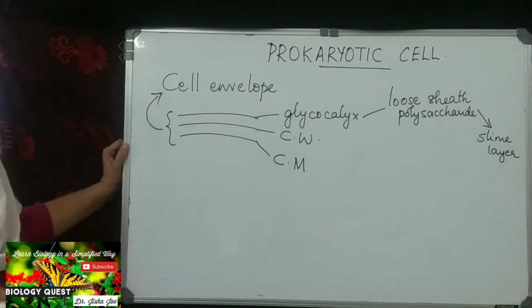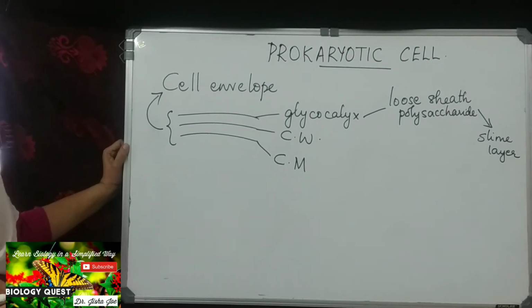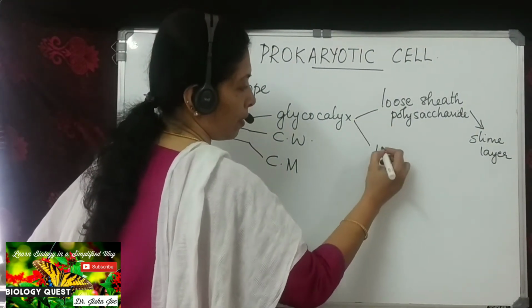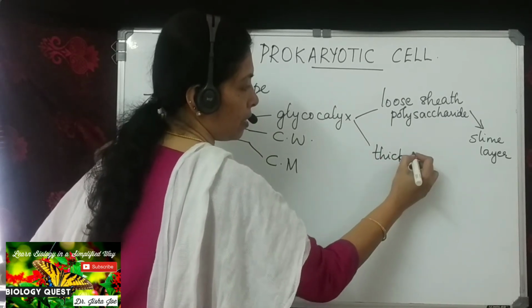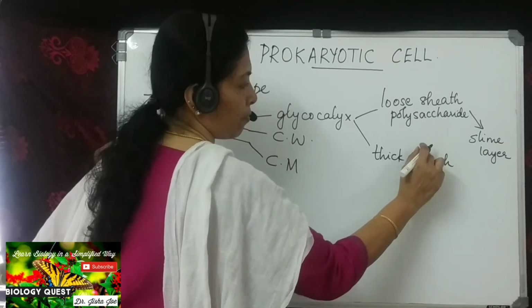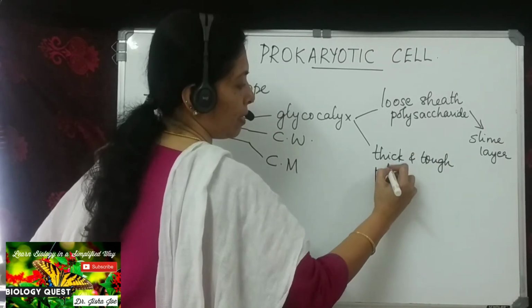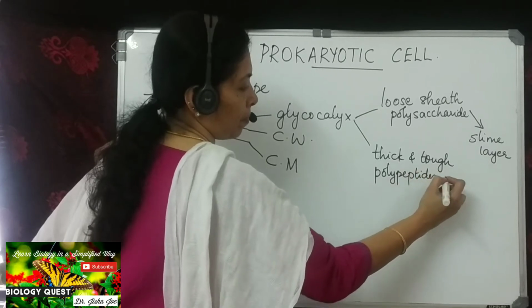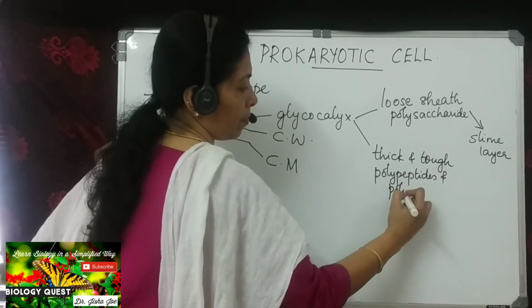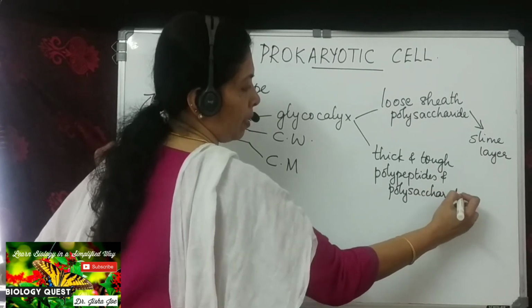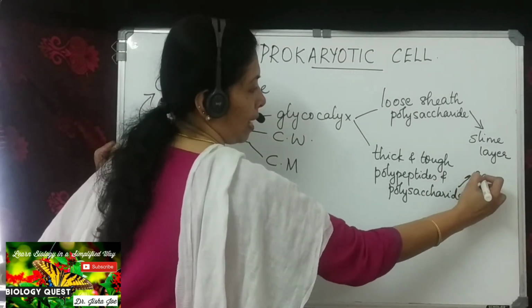Whereas in some other bacteria, you can see the glycocalyx is thick and tough, and it is formed of both polysaccharides and polypeptides. Then this layer is called a capsule.